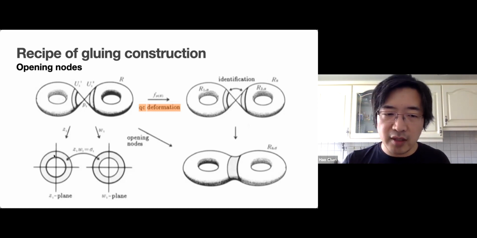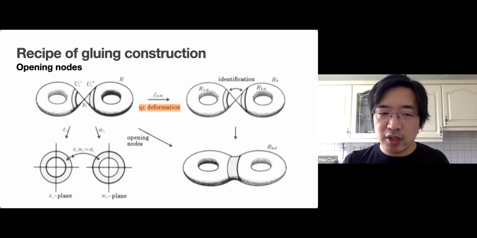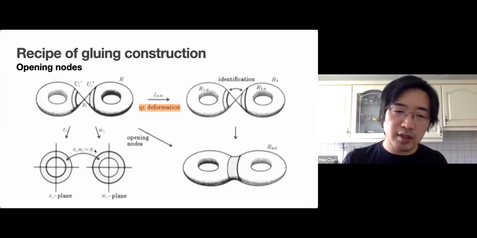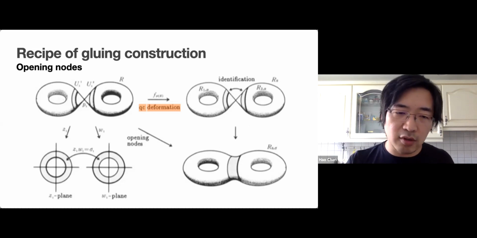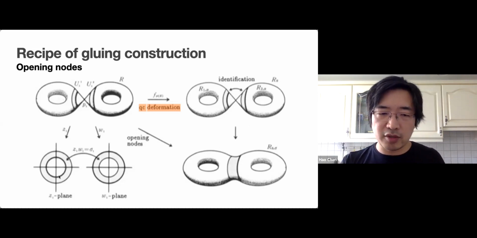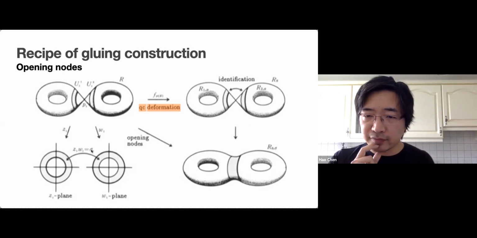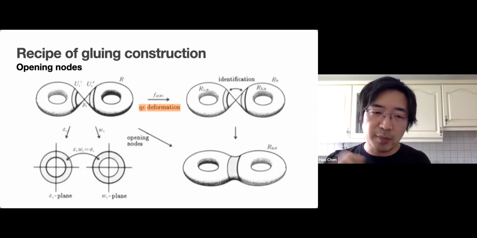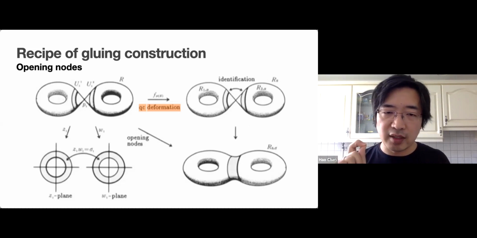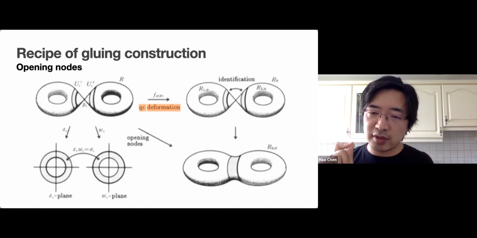Then you identify the annuli around them with a relation that Z times W equals sigma. So here Z and W are their respective local coordinates around the punctures. And sigma is a complex parameter. So when sigma equals 0, the punctures are simply identified. So these are the noded Riemann surface.